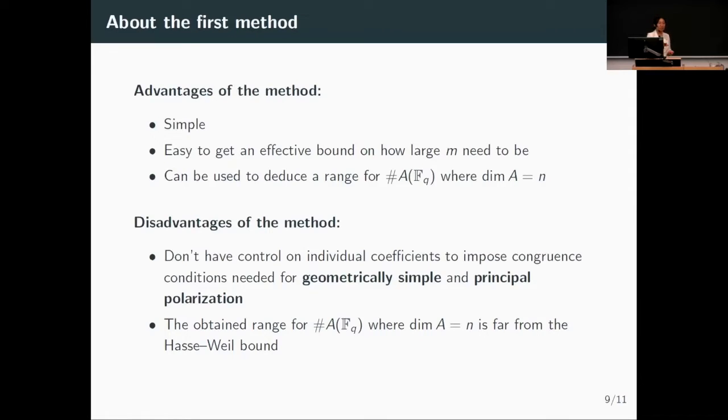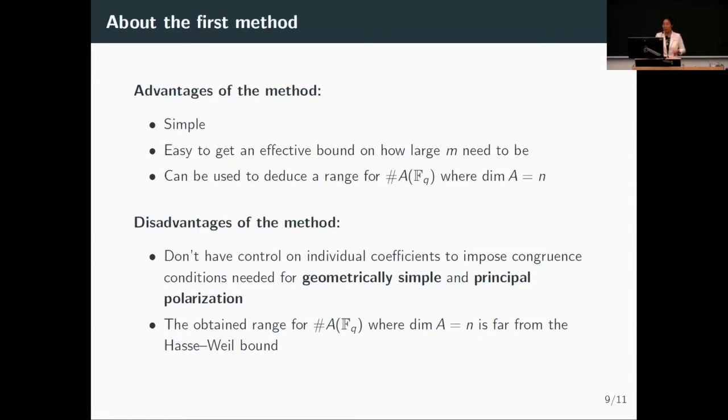Also, in this method, if I fix my dimension n, I can deduce the interval I get for any given fixed dimension. The disadvantage is that I don't have control over individual coefficients, to impose congruence conditions. To make the abelian variety ordinary, all I need to control is the congruence condition of the middle coefficient at p.